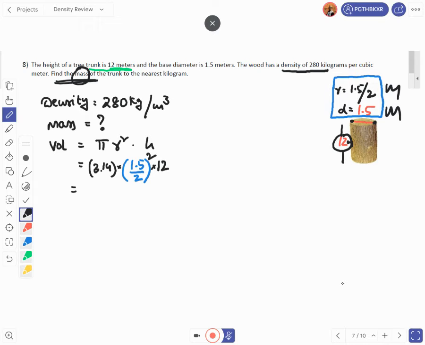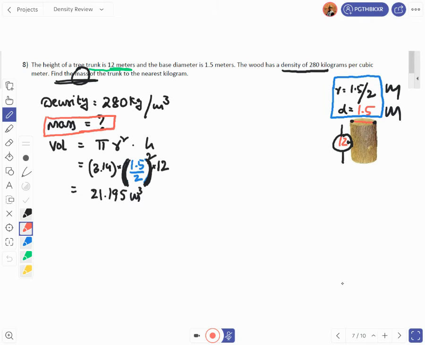So when you write a fraction, please put it in brackets, I mean parentheses, the same thing you have to type on the calculator. This one is multiplied by 12. I got 21.195 cubic meters.